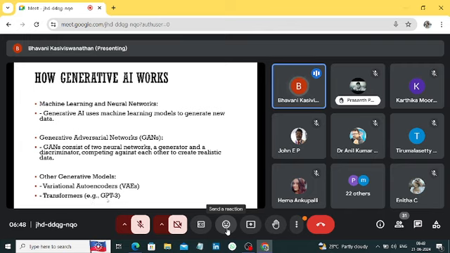Transformers like GPT-3 are not specifically mentioned as adversarial. I didn't mention GPT-4 because GPT-4 has a generative adversarial network. So if you ask ChatGPT 4 something like, whom do you support in the war, or whom do you support between Britain and India, is Gandhi good or is Subhash Chandra Bose good?